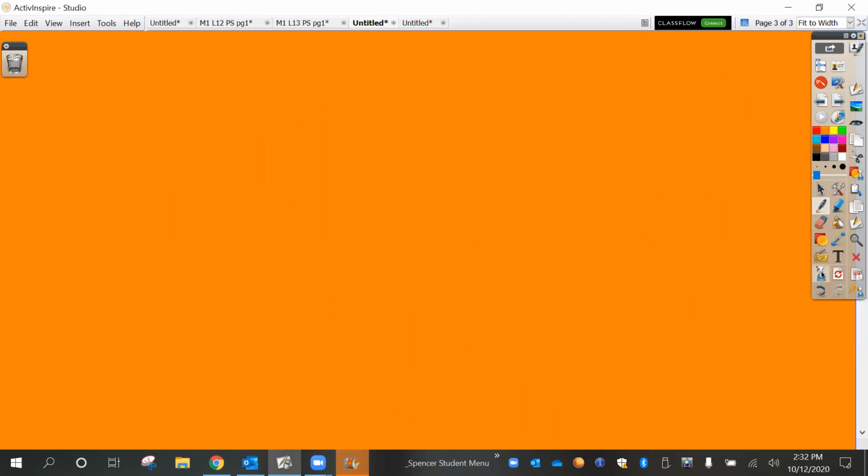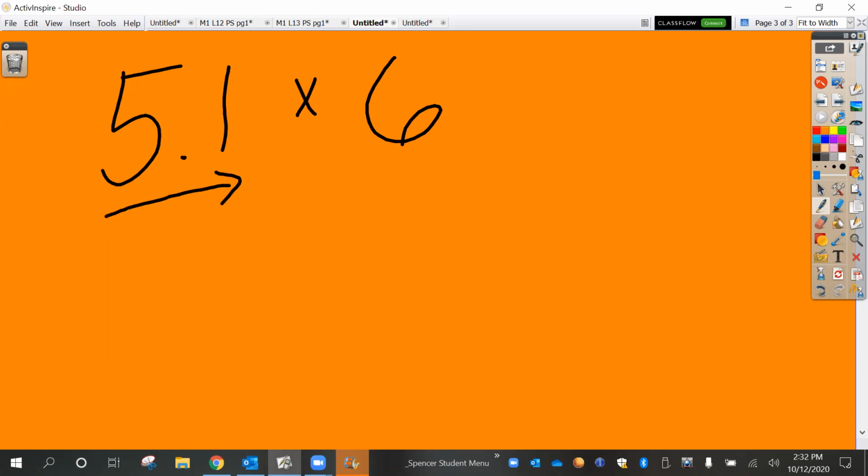And this time, let's think about 5 and 1 tenth times 6. But this time we're not going to use the area model. This time we're going to use the standard algorithm. But let's think about converting it to unit form to make our lives easy. So if we convert this to unit form and we go to the smallest unit, we're going to have 51 tenths.